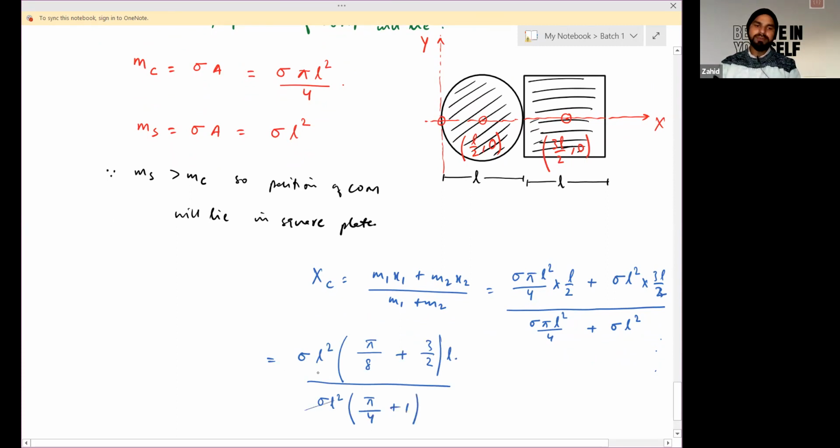So this sigma L squared and this sigma L squared will cancel out. If you further simplify it, take 8 to be LCM of numerator. So you're left with pi plus 6.